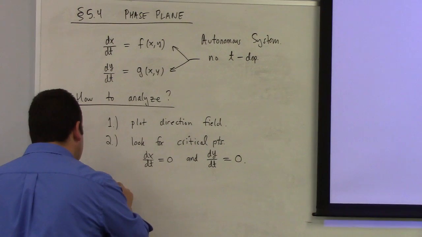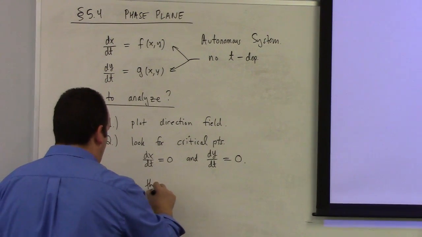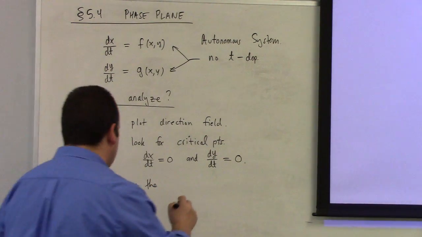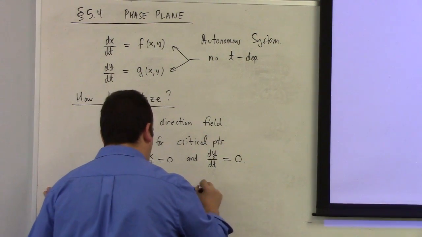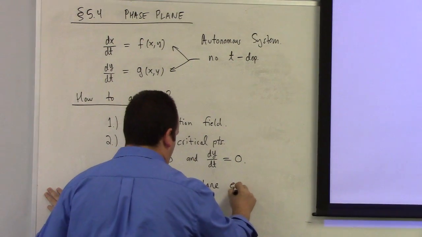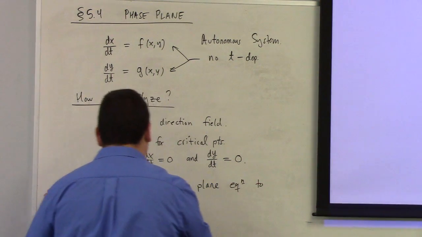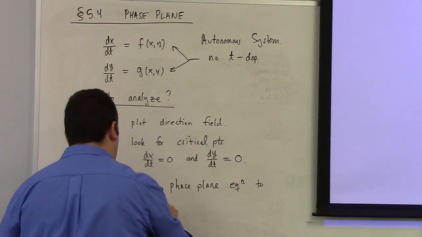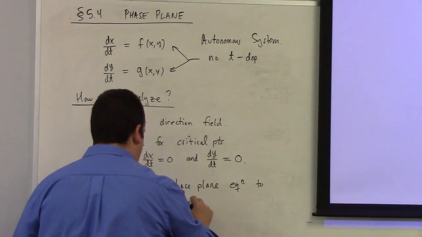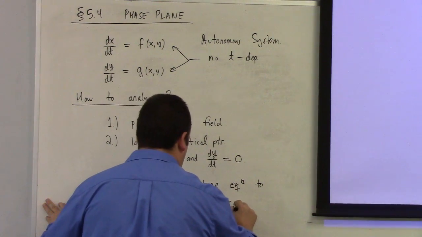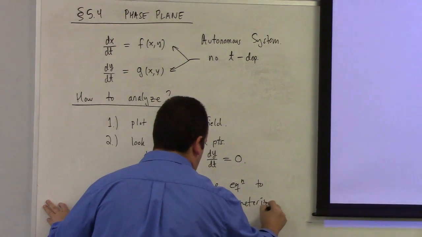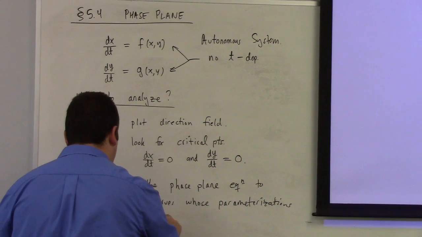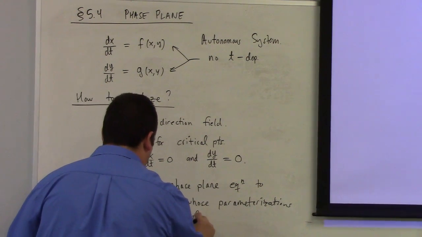And then three, you can use the, what's he call it? He calls it the phase plane equation. You can use the phase plane equation to find curves whose parameterizations form solutions of the autonomous system.